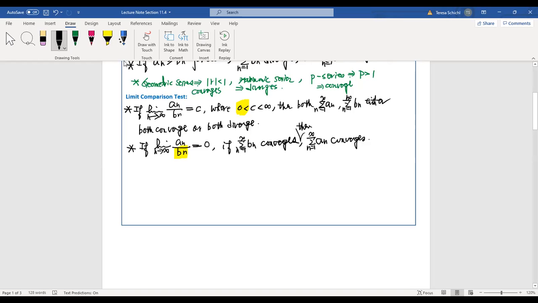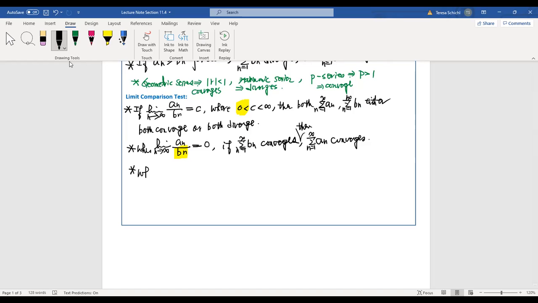So if bn converges, an will of course converge. Otherwise, since bn is a fixed number, if an diverged it would become infinity. So this one is true.